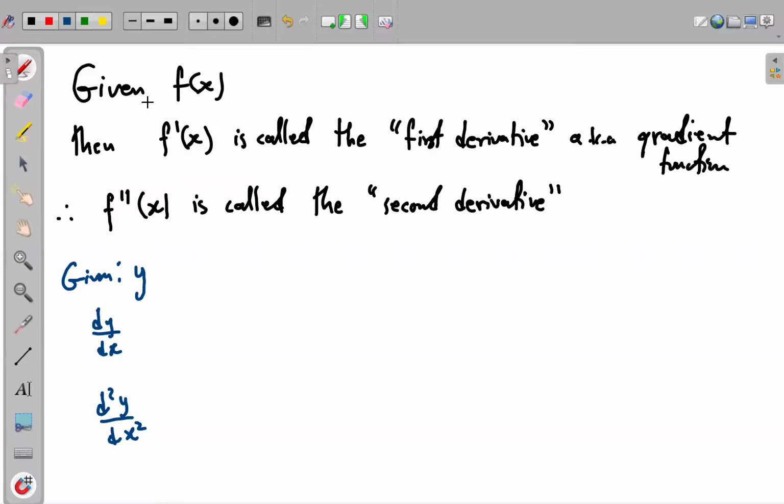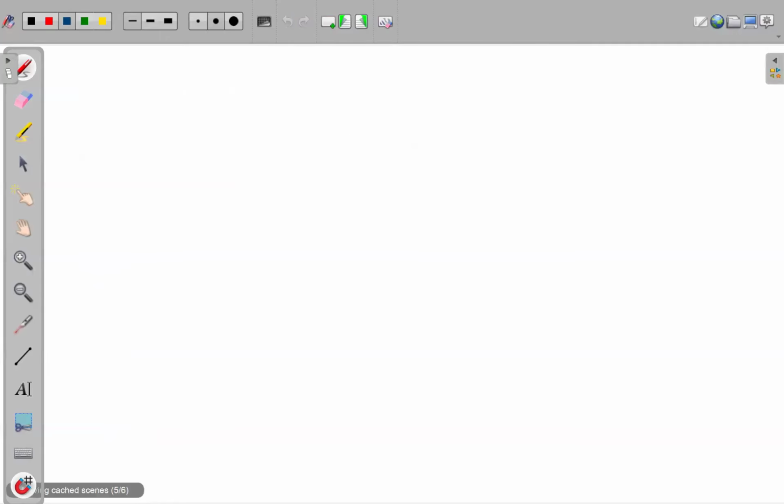Then what are we going to do now? We're going to learn how to calculate or find the second derivative. And then after that, we will actually see its application when it comes to sketching functions. So let's suppose we've got f of x is equal to x cubed minus 5x squared plus 3x.